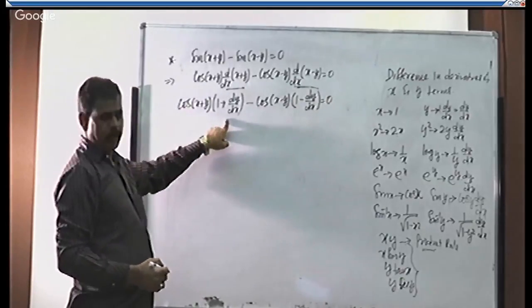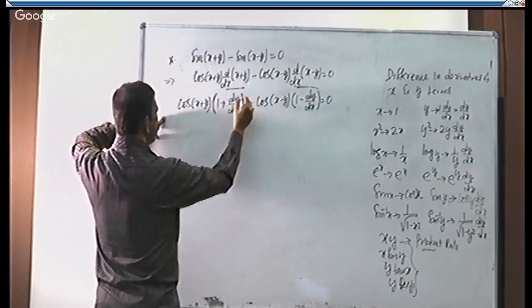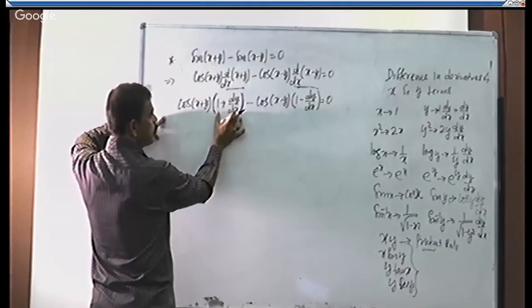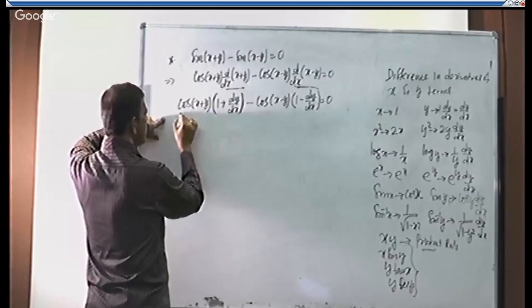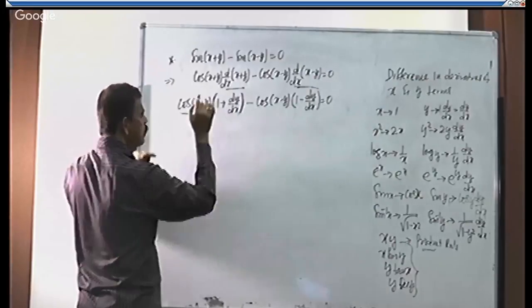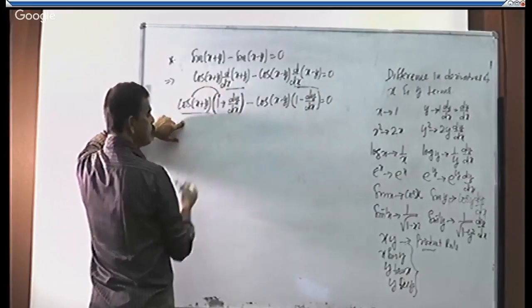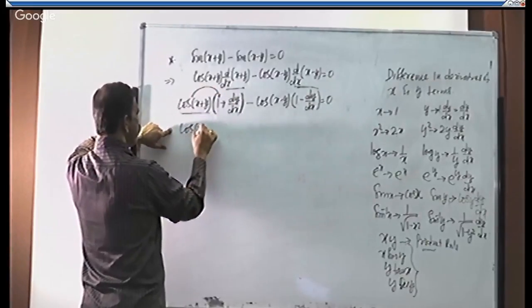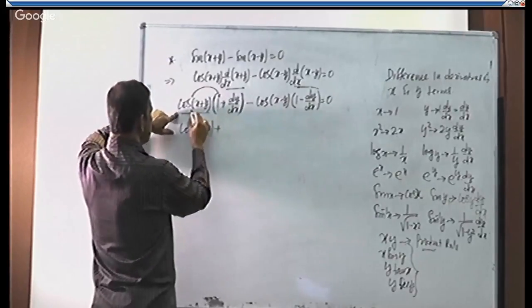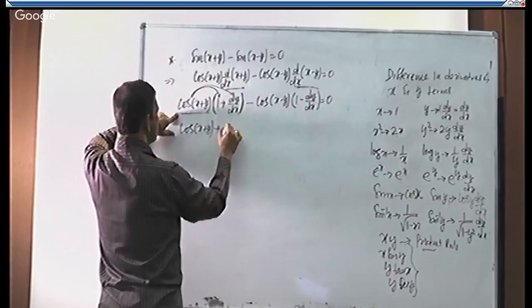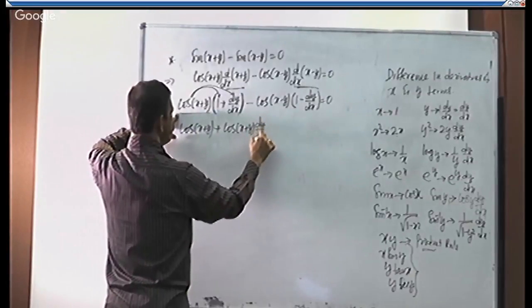We need to separate the dy by dx term. How has it to be separated? See, it is in a bracket. Dy by dx is inside the bracket, so we have to remove the bracket by multiplying for both the terms inside the bracket. Multiply cos of x plus y into 1, which is cos of x plus y, plus cos of x plus y into dy by dx.